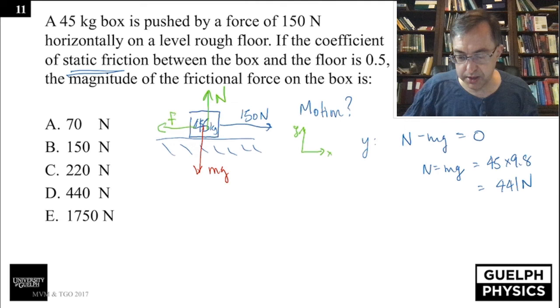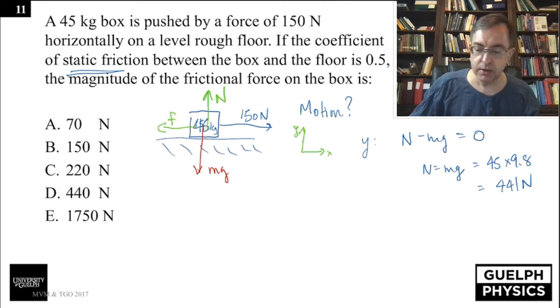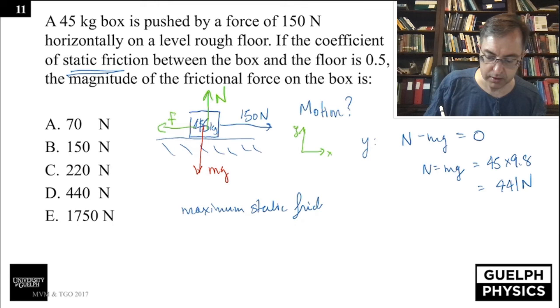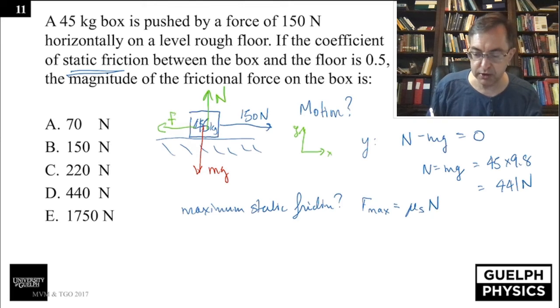So the question then is, what is the maximum static friction? Well, the maximum static friction, F max, is equal to the coefficient of static friction times this normal force. The coefficient of static friction is a half, and the normal force is 441 newtons.